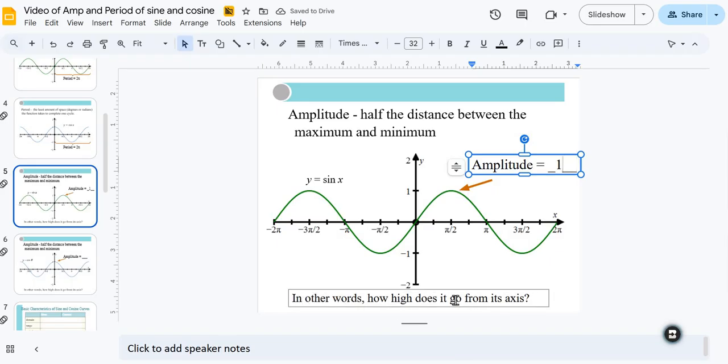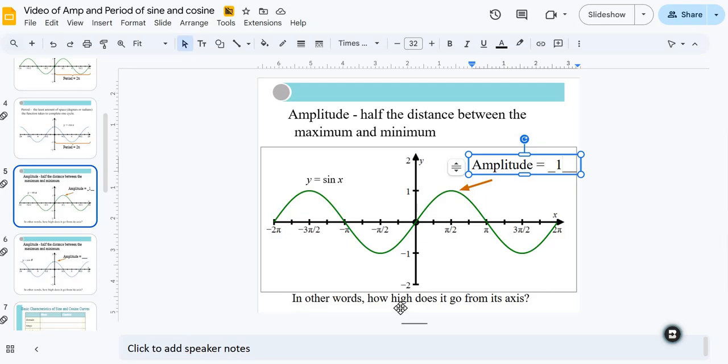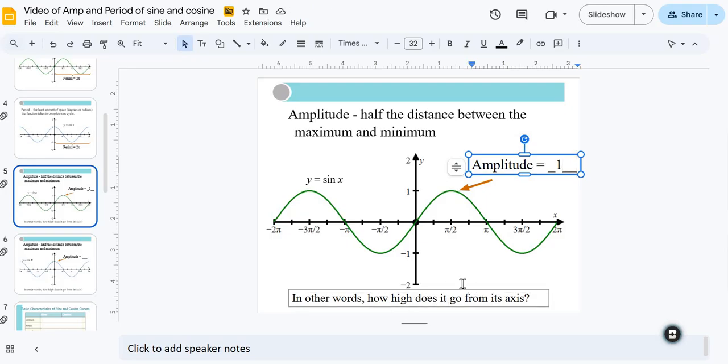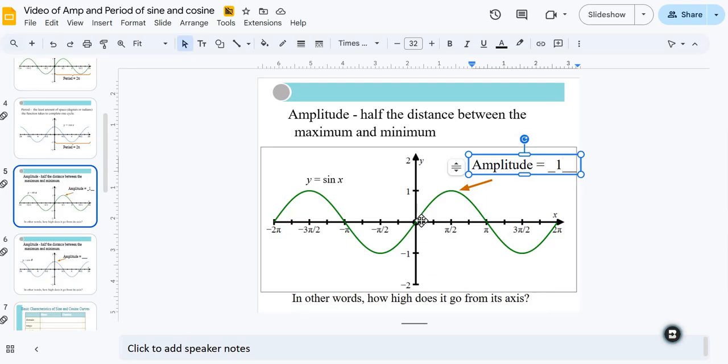In other words, we can think about this as the distance from the x-axis. Notice that we go up 1, and that gets us to our maximum, and then we also go down 1. So our distance from the x-axis is 1 in both directions, and that is what's represented by our amplitude.